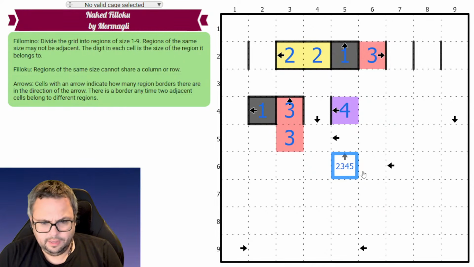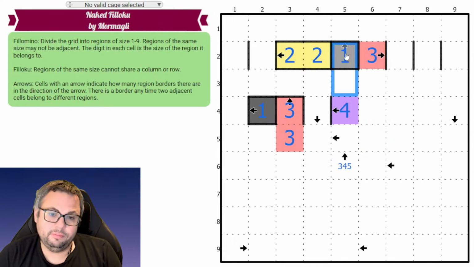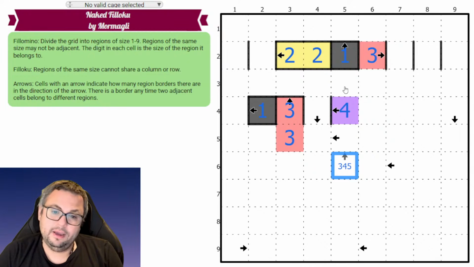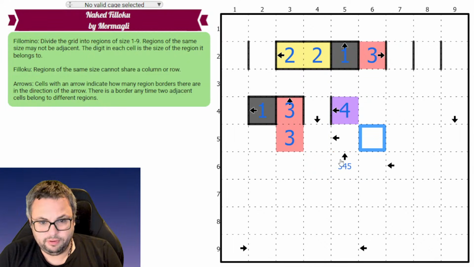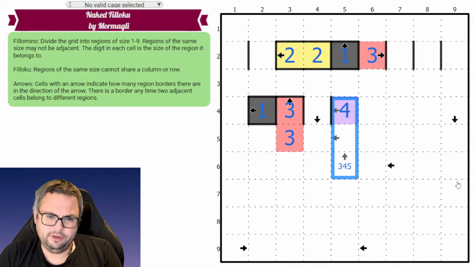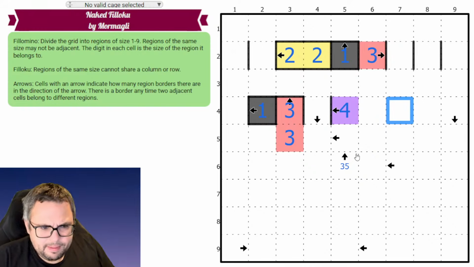I don't know if 4 is actually... Well, 2 is definitely not possible, because if it were 2, these would be the only borders, and 2 and 4 would be equal. 3 would imply the only additional border is between the 3 and the 4, which seems possible. 4, these would both have to be in the same 4 region, with a 1 border at most. That doesn't work either. 5 is maybe possible.